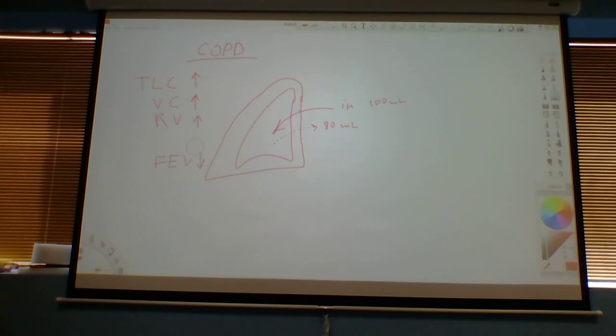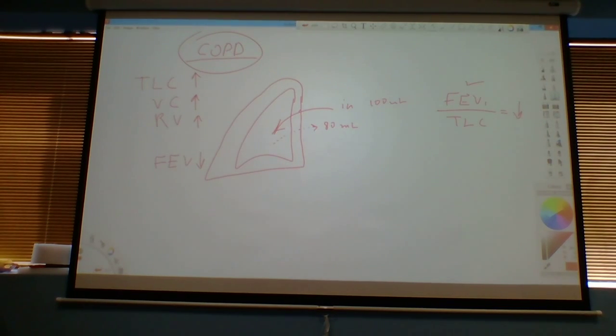So the ratio of forced expiratory volume in 1 second, 2 seconds, 3 seconds, whatever, over total lung capacity or vital capacity is decreased. And this means COPD. This is always COPD if this ratio is less. Asthma is also obstructive.